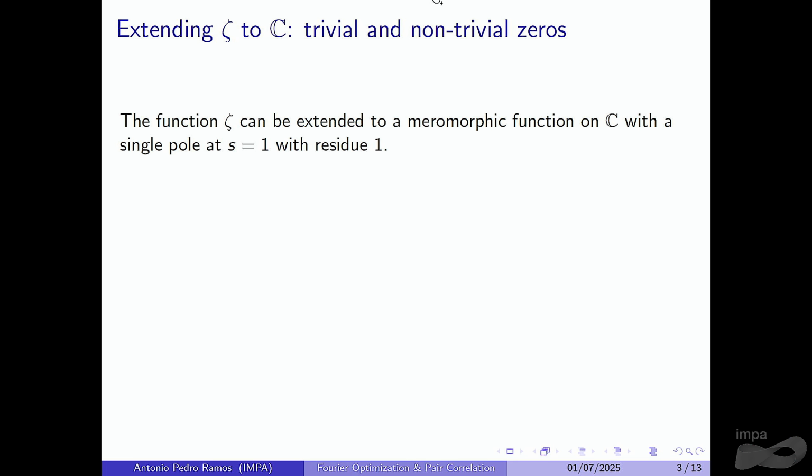But there's a standard way to extend this function to C, to a meromorphic function with a single pole at s equals 1. And one way to see how this is connected to primes, a very easy observation, is to use the fact that it has a pole to show that there are infinitely many primes.